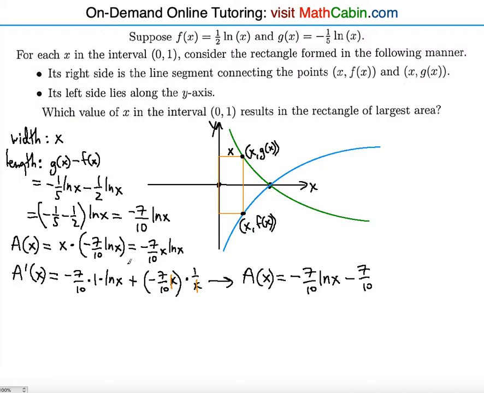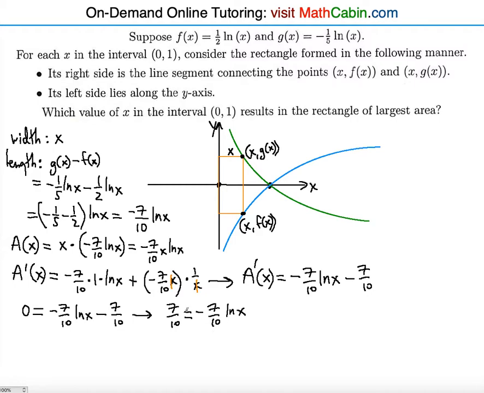Okay, so good. So now we set this, sorry, that's the derivative. So now we're going to set this to 0 because that's the derivative that we just found. So negative 7/10 ln x minus 7/10. So look what happens. We can add 7/10 on both sides, and that way we're going to get 7/10 is equal to negative 7/10 ln x.